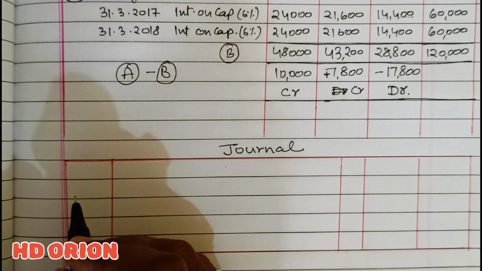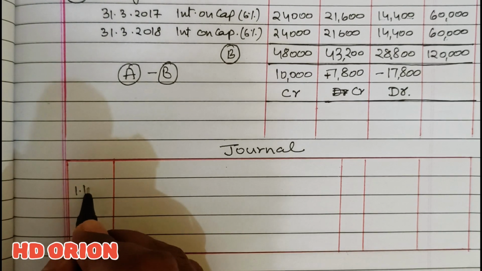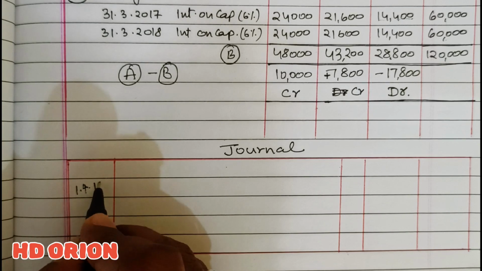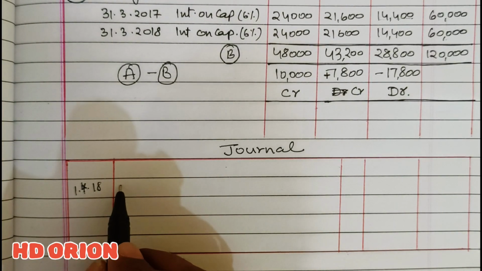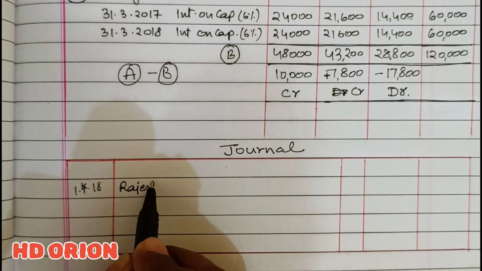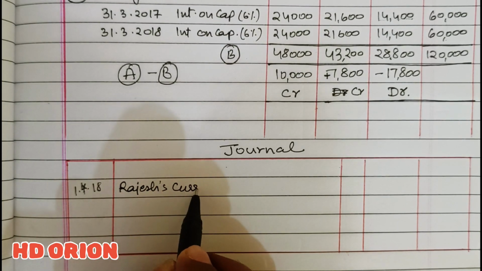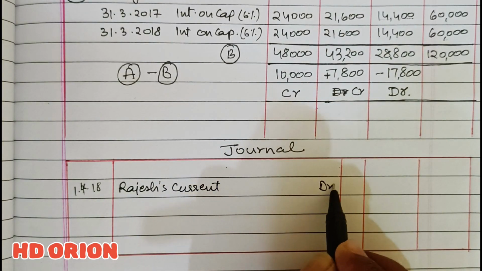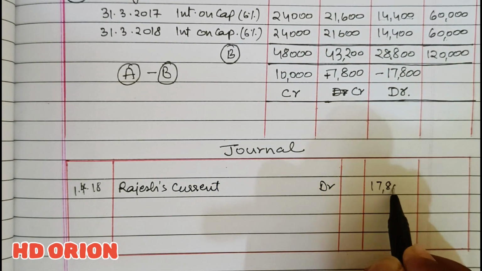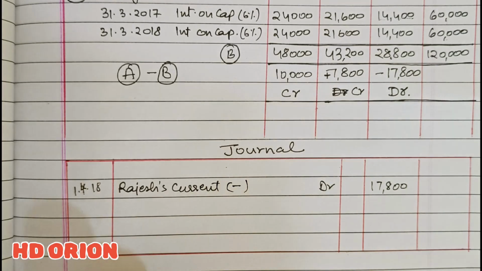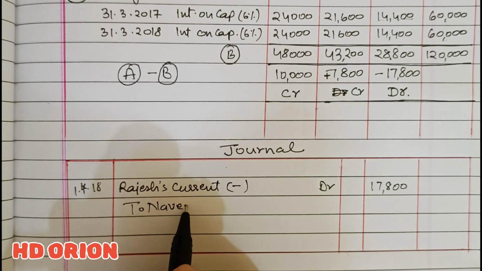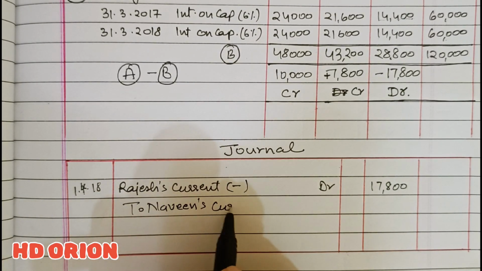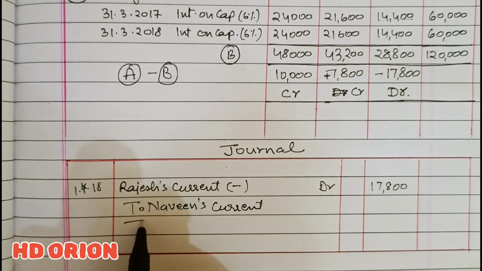Journal entry on 1st of April 2018: Rajesh's current account will be debited, meaning we are reducing the current account because by mistake Rajesh was excessively paid by the firm, to partner Naveen and to Kadir.